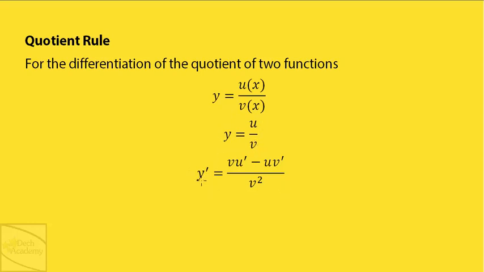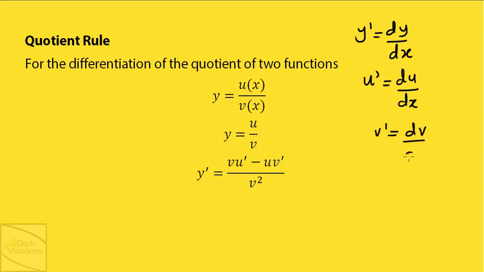So y prime is dy/dx, u prime, just to remind you, is du/dx, v prime is dv/dx. So once you remember this formula, you can actually differentiate functions of this form.